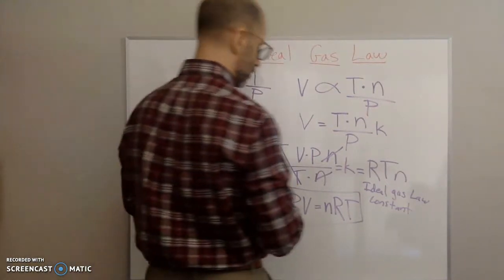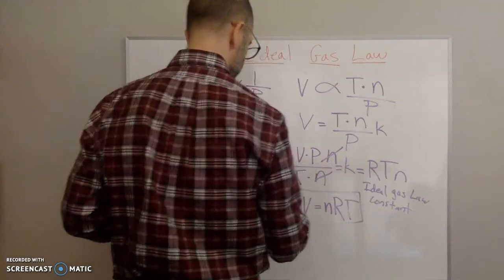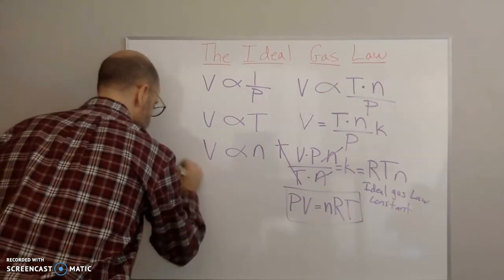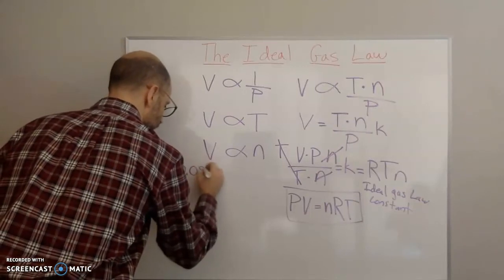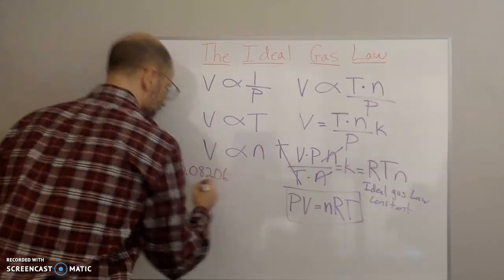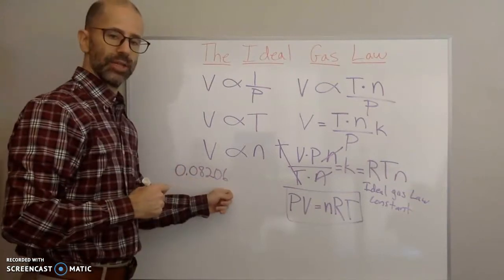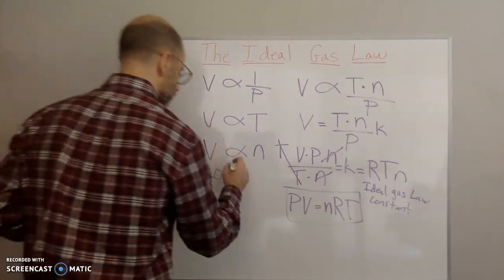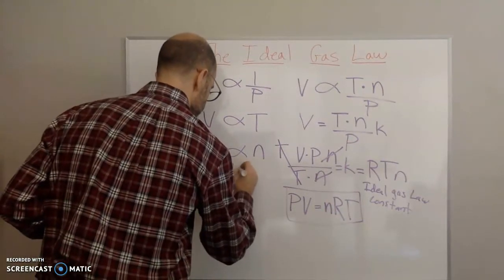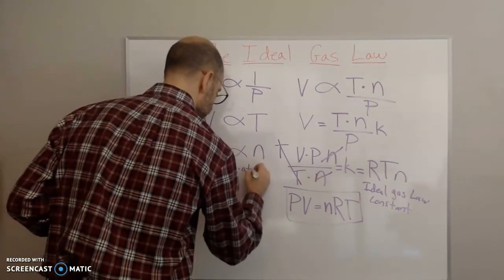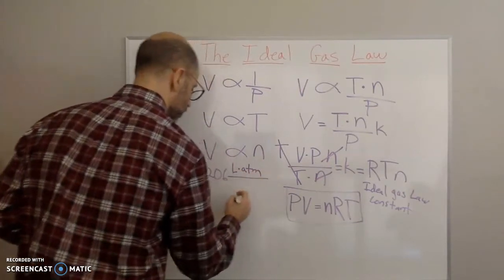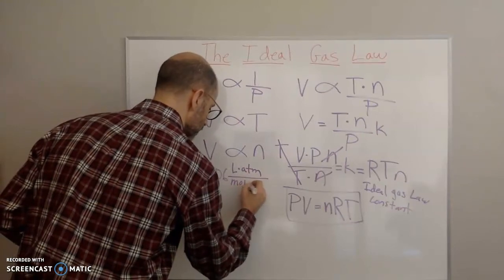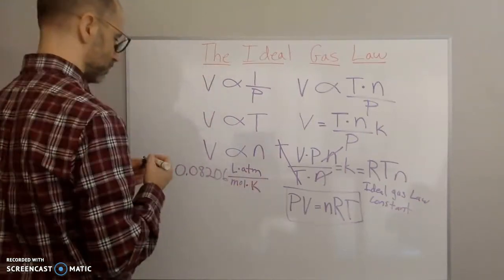This is your ideal gas law. And R, again, has the special constant, 0.08206. It has units that go with it, and you have to remember the units. The units are liter atmosphere over mole times Kelvin.